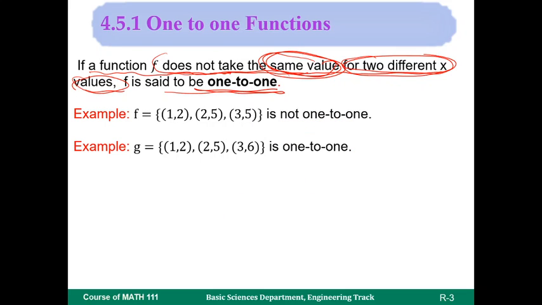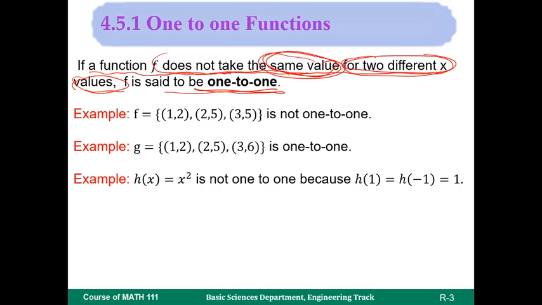Now, we can have a function with a formula. A function can be given this way, and most of the time it will be given this way. This is not one-to-one because of this. When you put one value, you can find two values, 1 and -1, for example. They give the same y value 1.